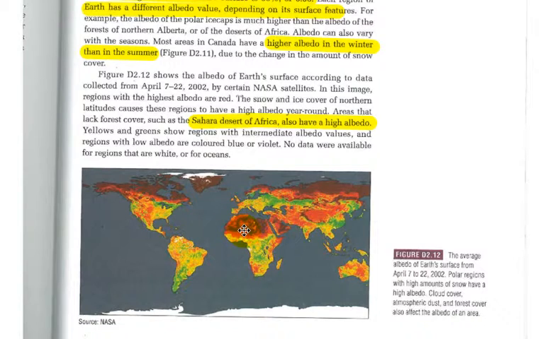The Sahara Desert is also a light color, so it reflects a lot of the incoming solar radiation as well. Yellow and green show regions with intermediate albedo values, and regions with low albedo values are blue or violet. So snow and desert regions will reflect a lot of incoming radiation, but of course this desert is near the equator, so it's also receiving more radiation than up here. So even though it reflects a lot, it's going to absorb a lot too because of where it is on the planet.